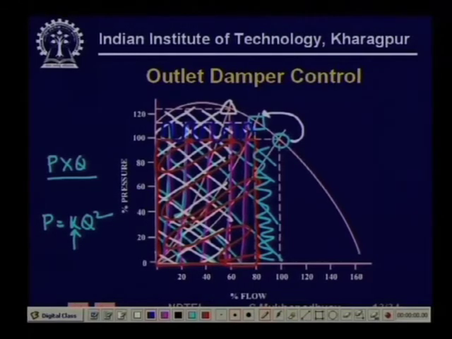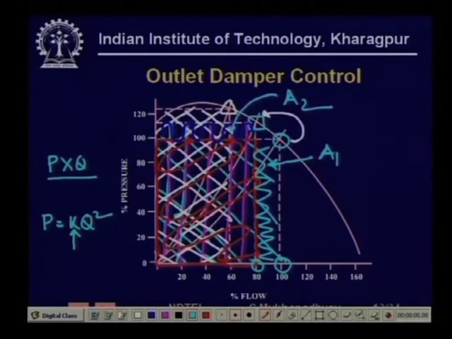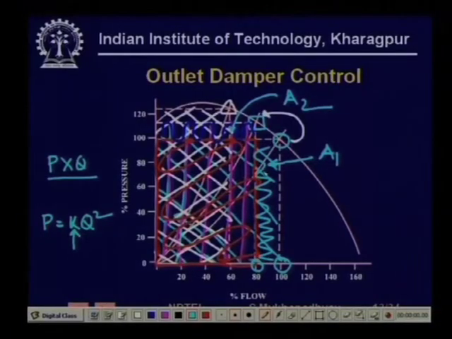So, the energy saving comes down to the difference between this area A1 and this area A2, which is very low. Even if you have come from 100% to 80% flow, the energy has not fallen by that much. The energy has fallen only by the difference between these two areas, right. So, the energy fall is not so much.